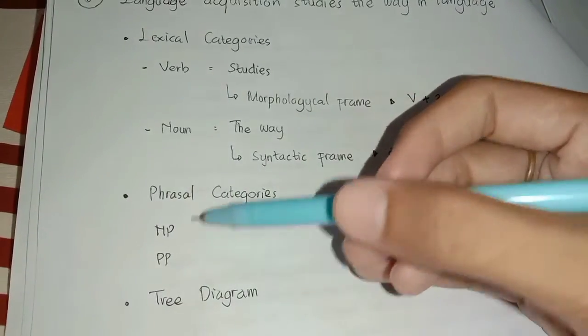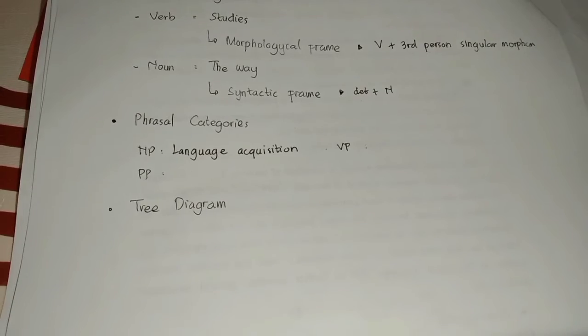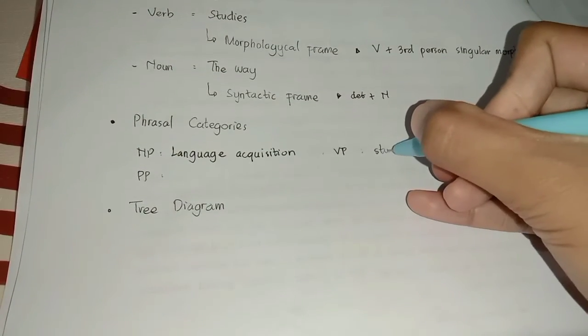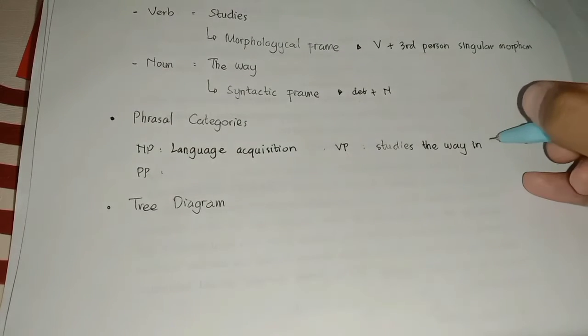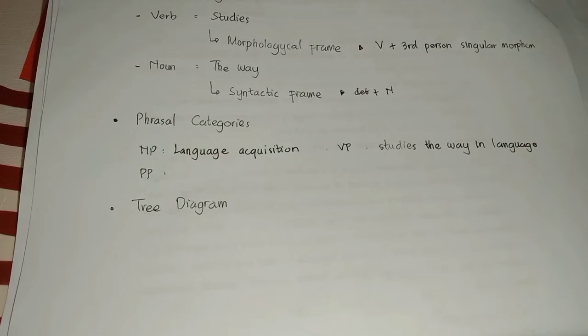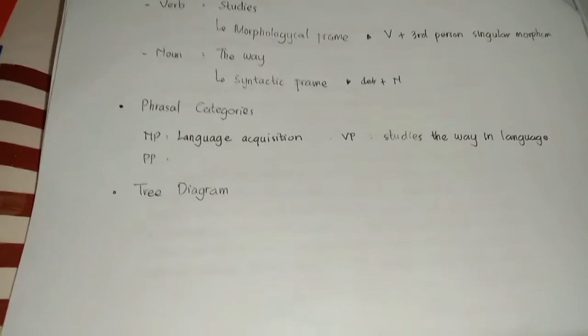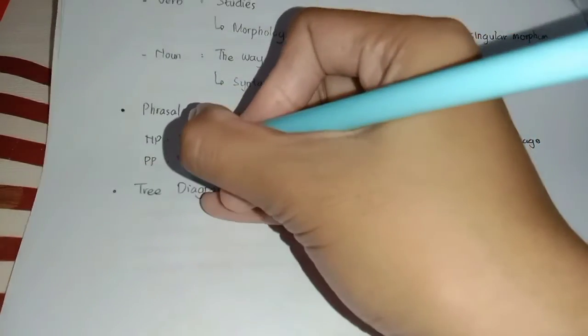Noun phrase of this sentence is language acquisition. This is verb phrase, namely studies the way in language. Based on verb phrase, I found prepositional phrase also, namely in language.